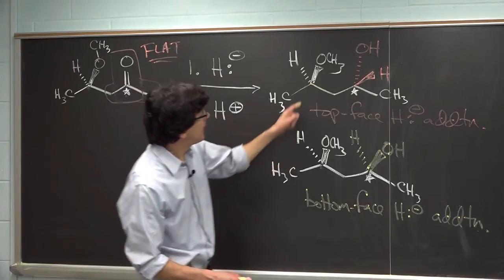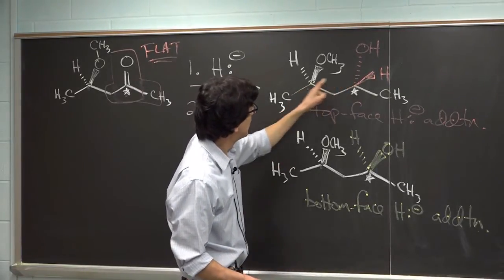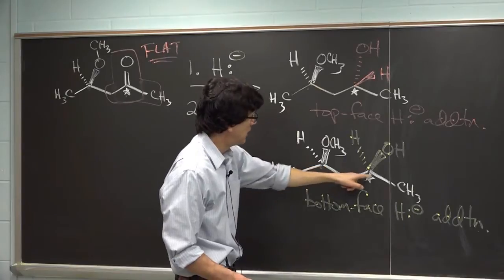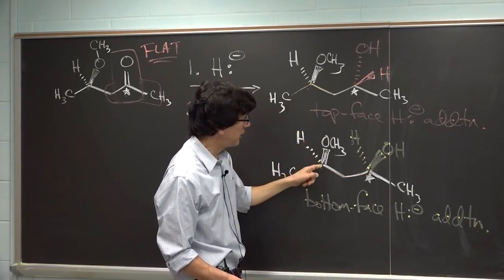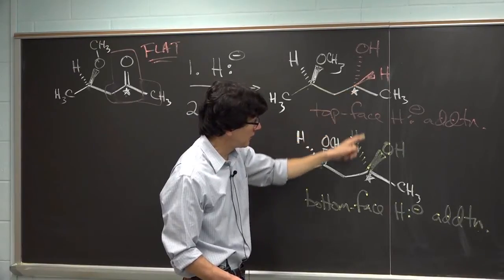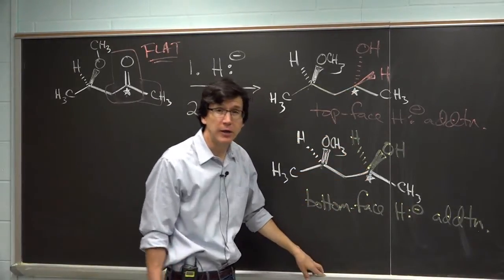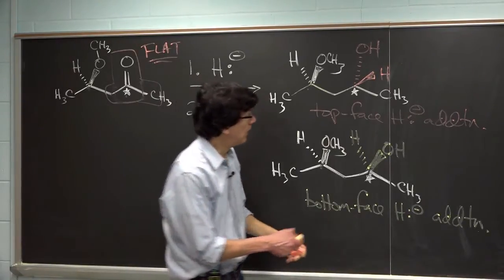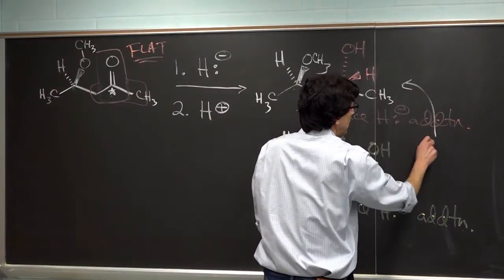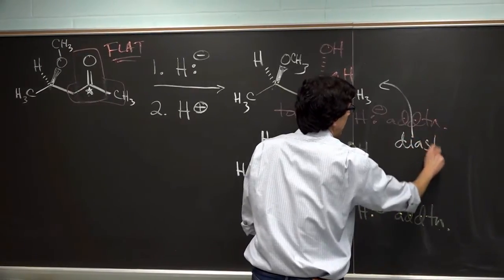Well, they have two stereocenters, 1 and 2, 1 and 2. They have the same configuration at this one, but a different configuration at that one. So what do you suppose they are? Well, they are diastereomers.